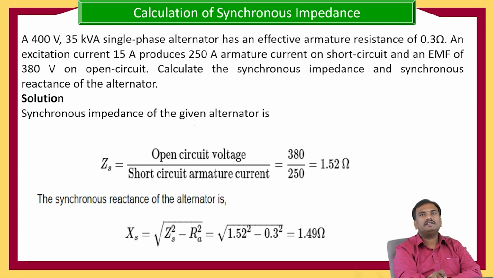So the synchronous impedance of the given alternator is Zs equals open circuit voltage by short circuit current.